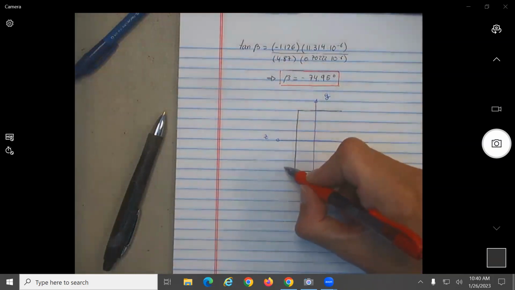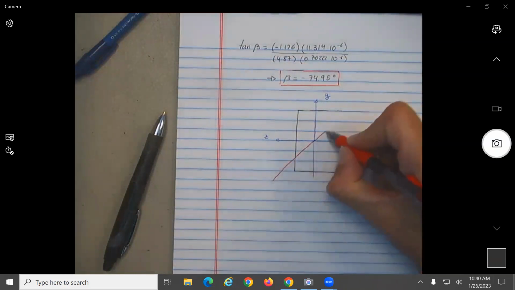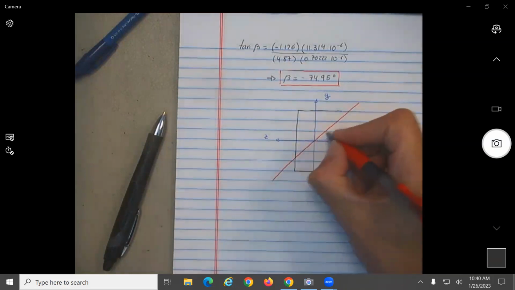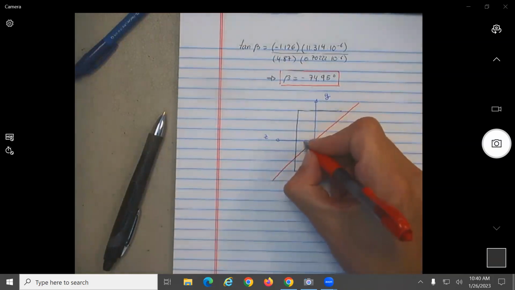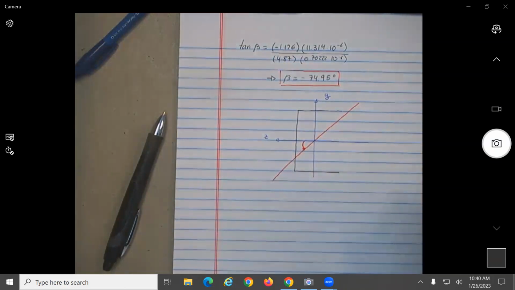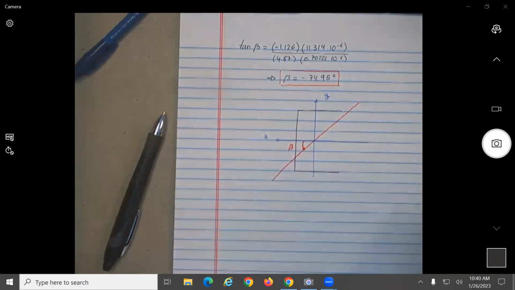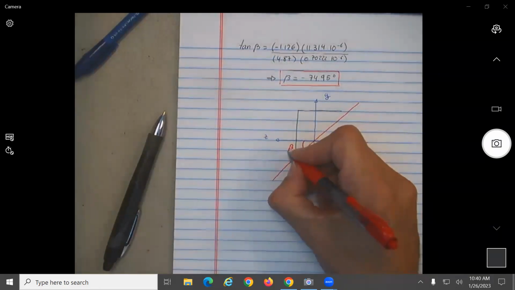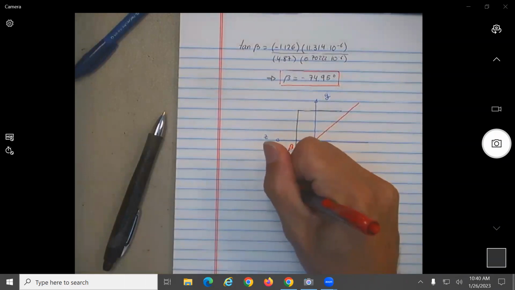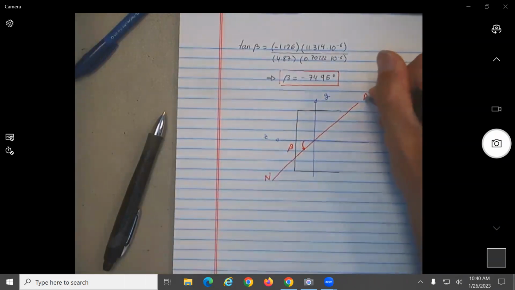What does that mean? That if I draw this line from here to here to be beta, that would be negative. It's going on the negative side. This would be the location of the neutral axis.